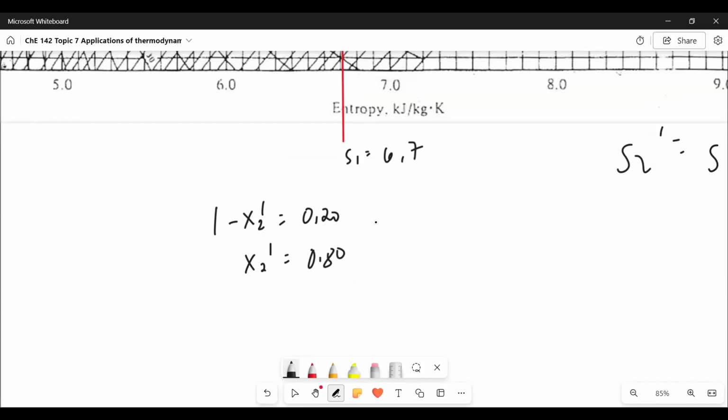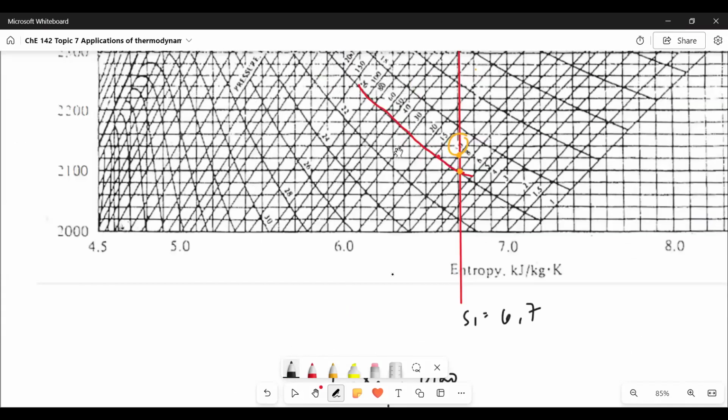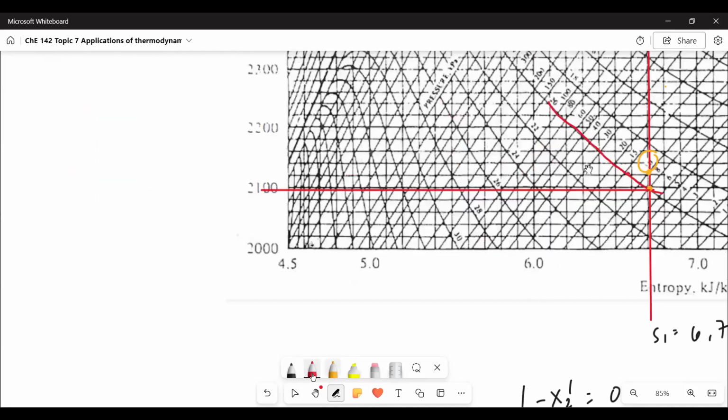Next, we now use that value to solve for delta H. We read delta H. So I will make a straight line. So that line is H2 prime.